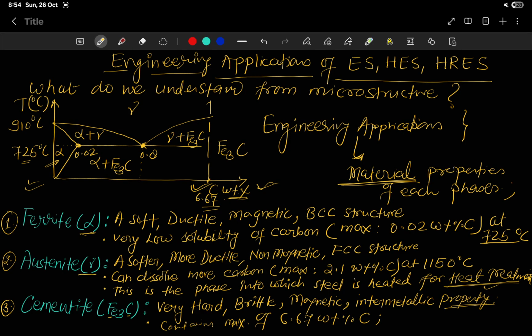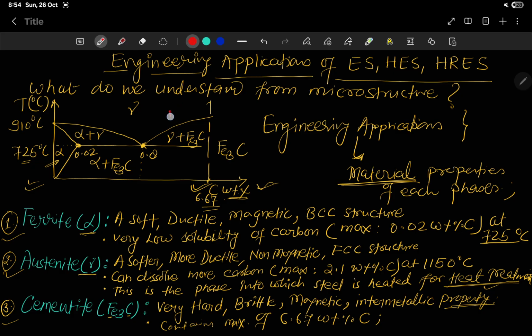Okay, so these are the points which are very important for understanding or selecting the specific material for a specific engineering application. So the question is, which steel do we want to select?